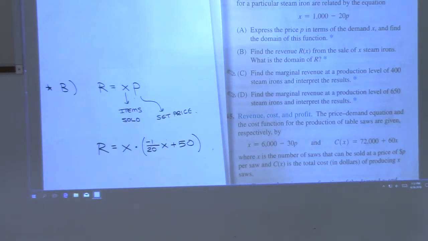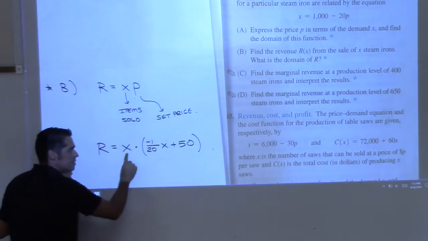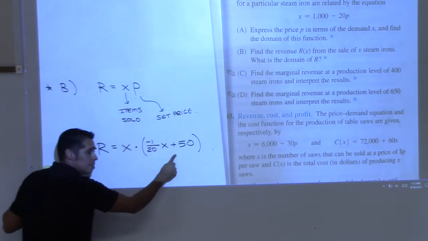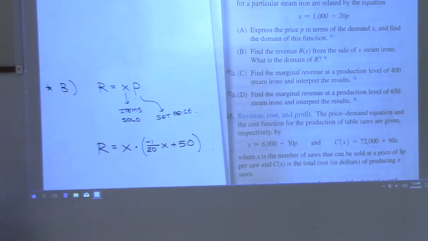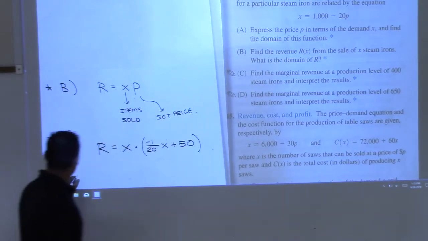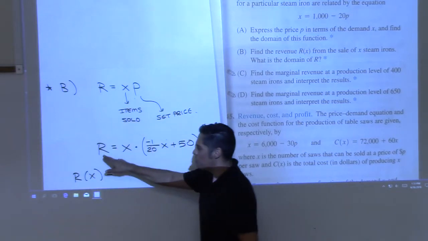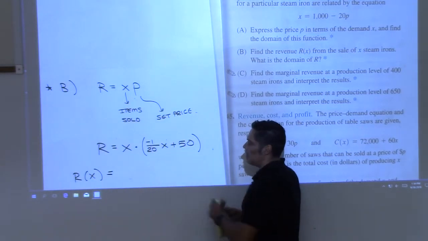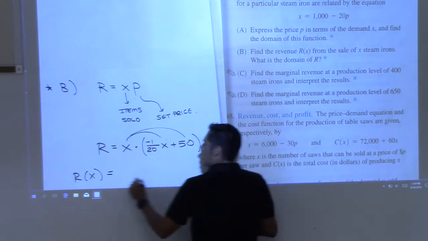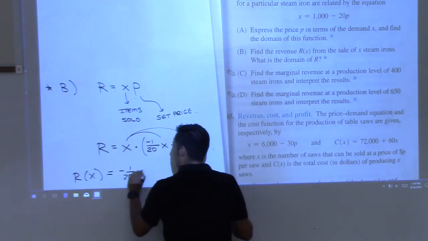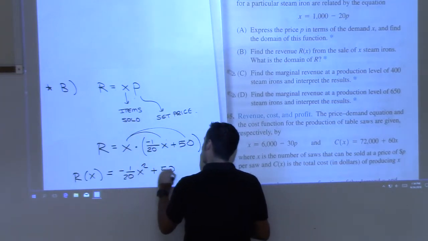Did you all see that? Our revenue is the number of items we sell times the price per item. So would you agree with me now that we actually have a revenue function? This revenue depends only on x. And I can distribute the x through, and I get negative 1 over 20 x squared plus 50x.